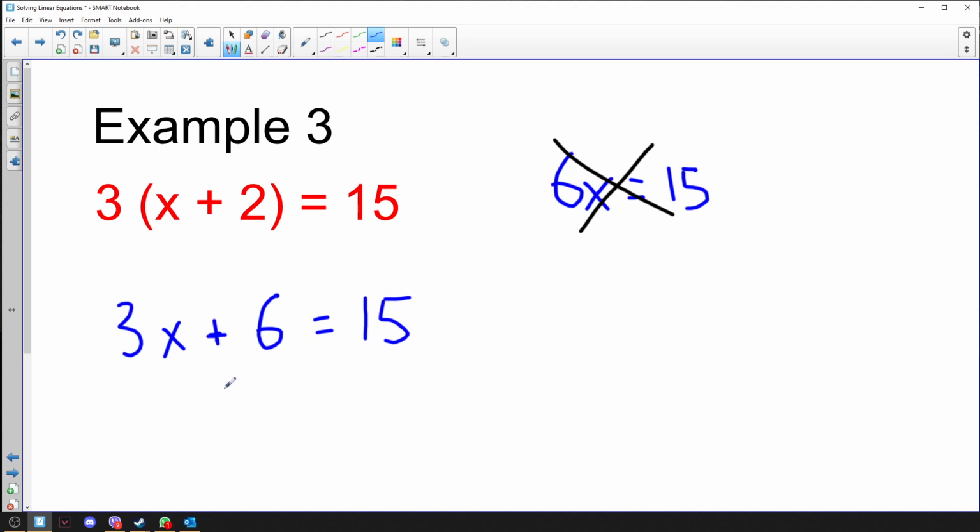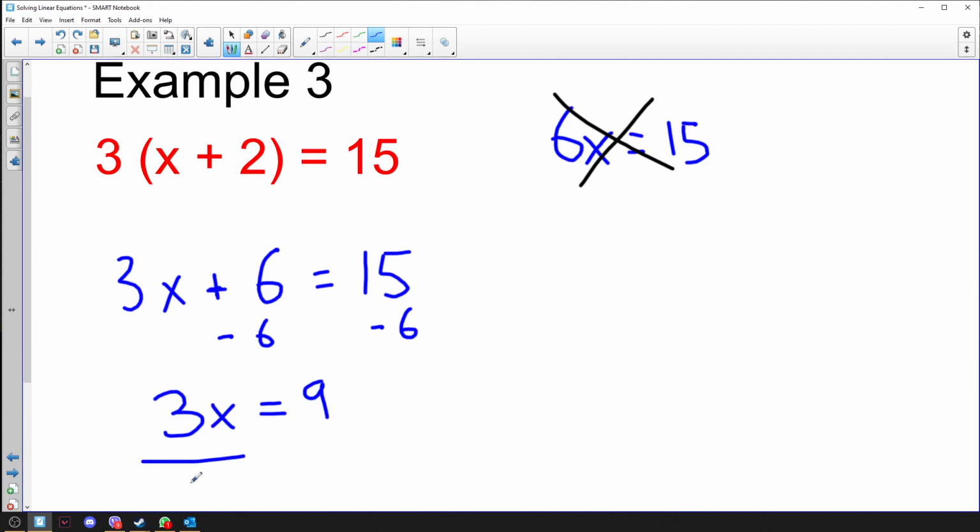I can use either method. I can do minus 6 here, minus 6 here. Then it becomes 3x equals 9. 3 times x equals 9. Very straightforward, 3. Okay, so you can do it with the working out.